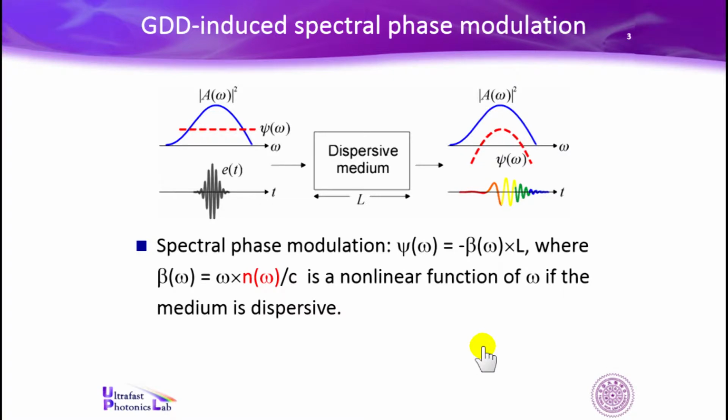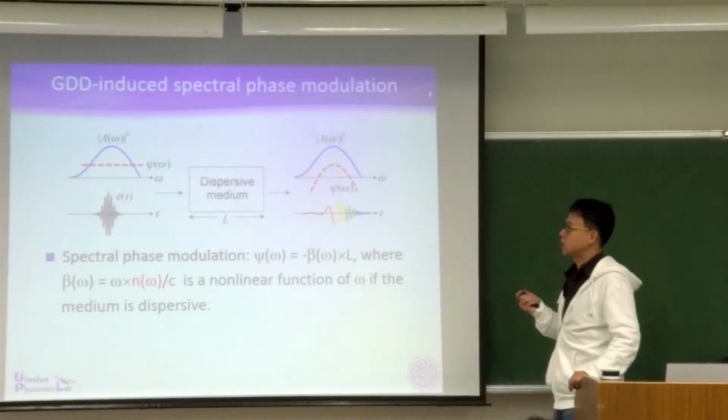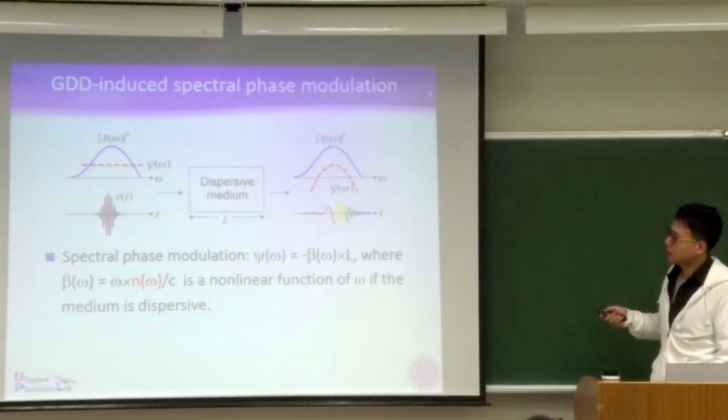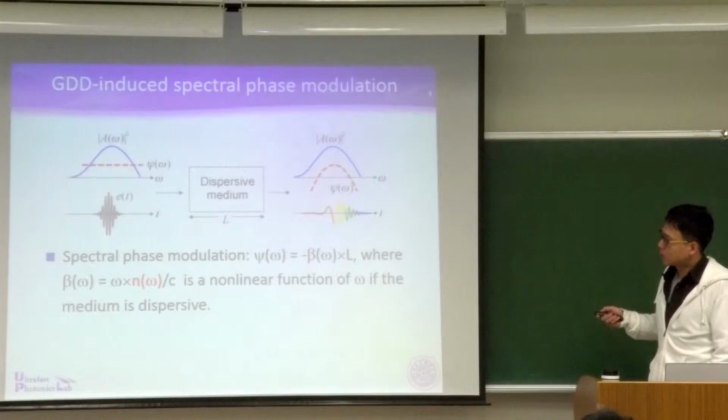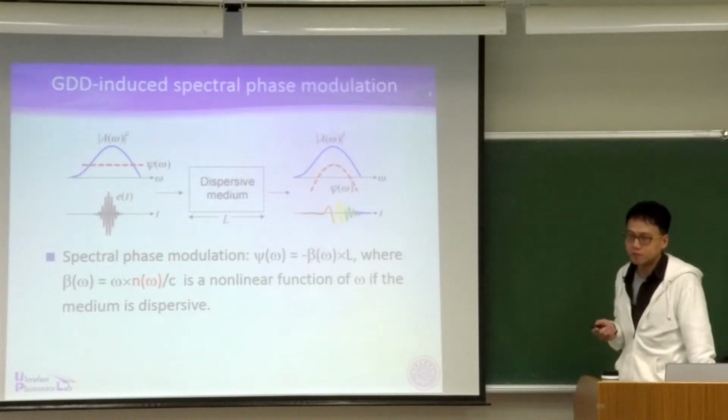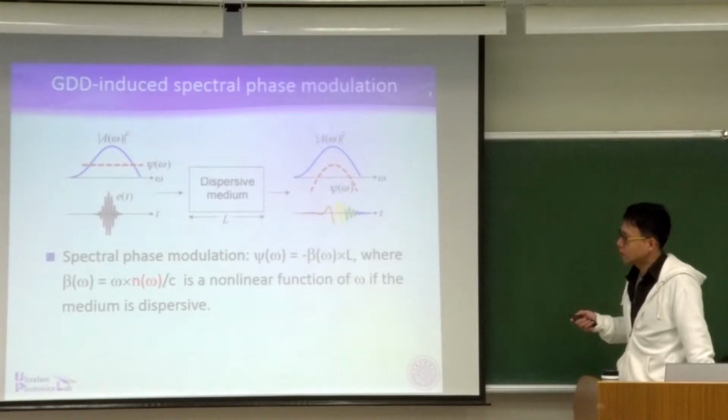So the picture is a qualitative description. How about quantitative analysis? This is the only formula we need. The corresponding spectral phase modulation, designated by psi of omega, equals minus beta of omega times L. L is the thickness of the medium. It is a constant.